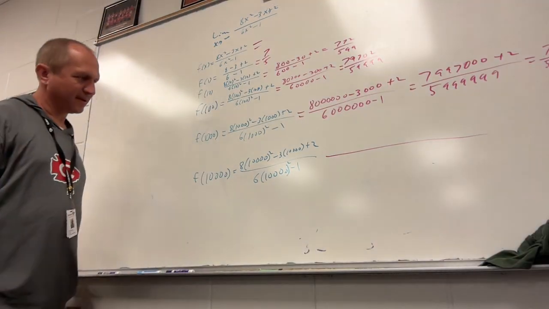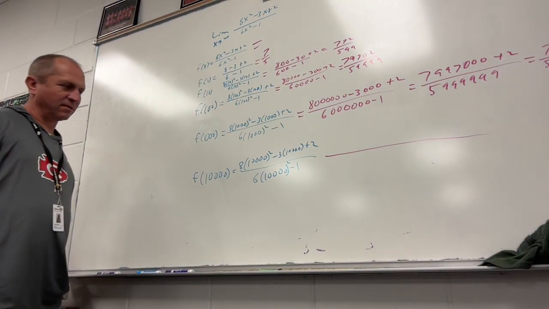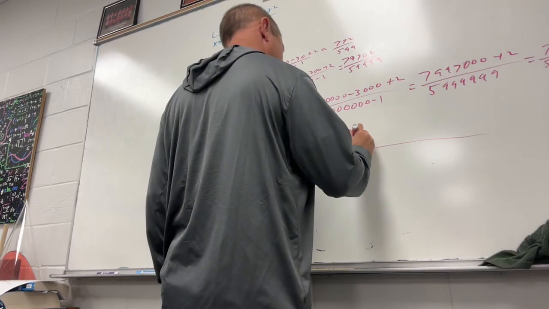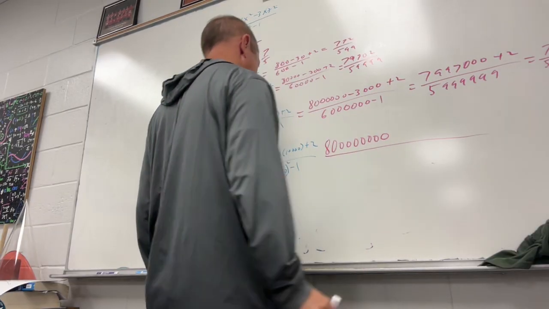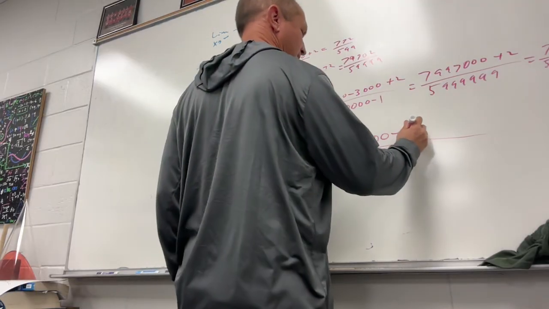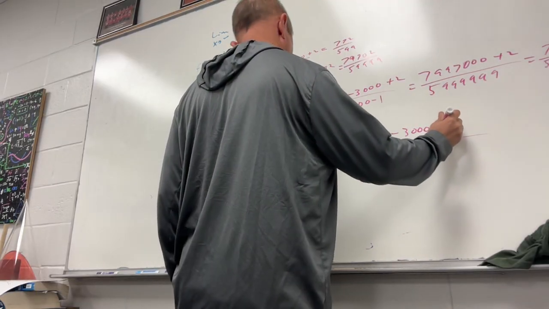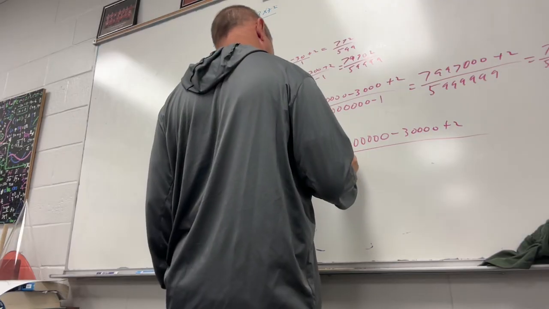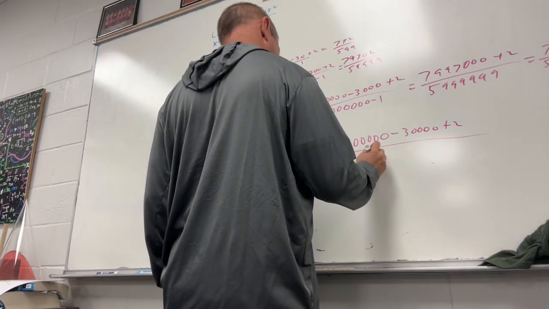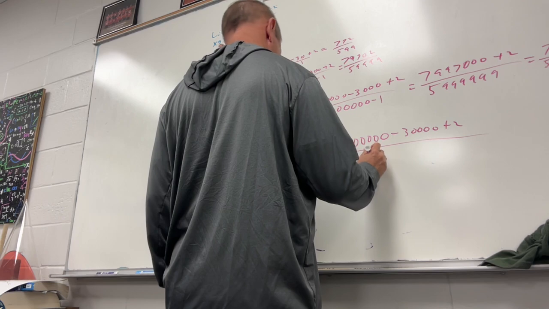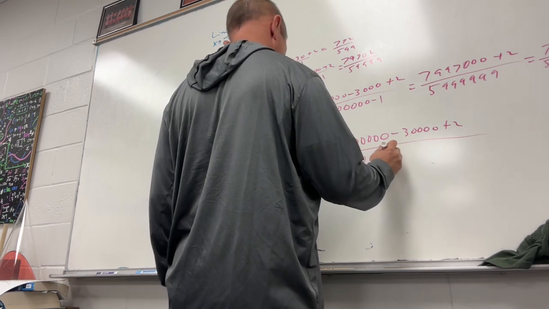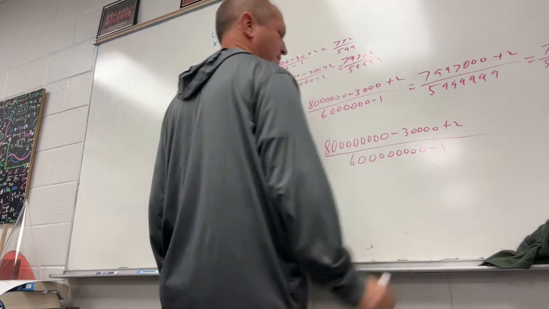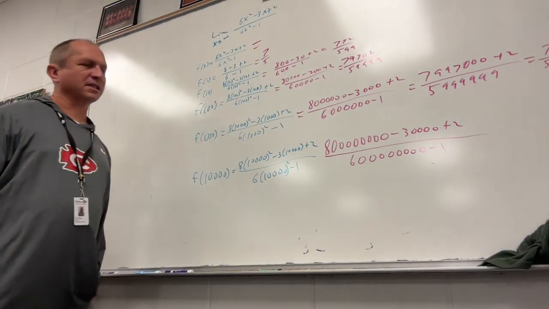This is 8 with 8 zeros, minus 30,000, plus 2, over 6.